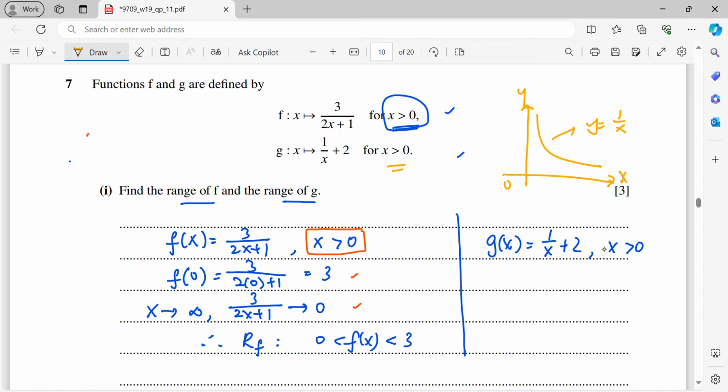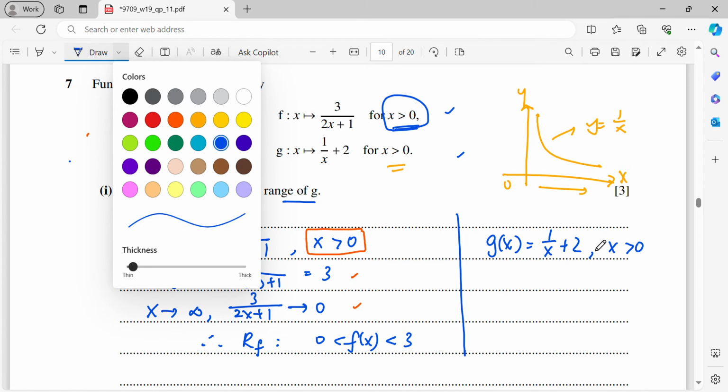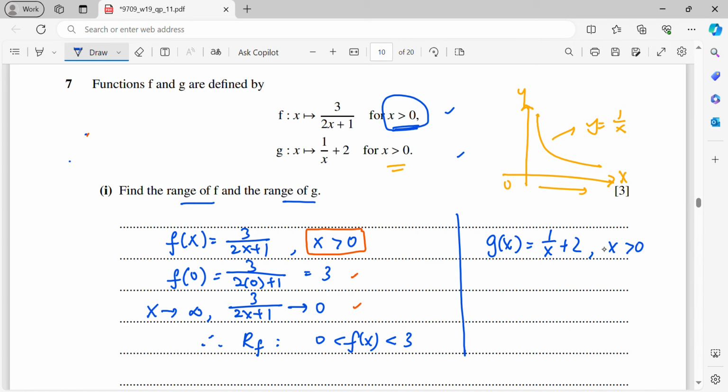Now, when x is greater than 0, this is from infinity until 0. So from here, I know that the graph never touched 0 for the y value. Therefore, I will write, as x tends to infinity, 1 over x tends to 0, approaching 0. Therefore, my g(x) will tend to 0 plus 2. That means it tends to 2 when x tends to infinity.